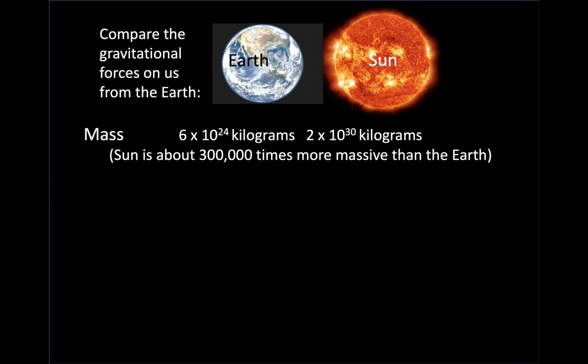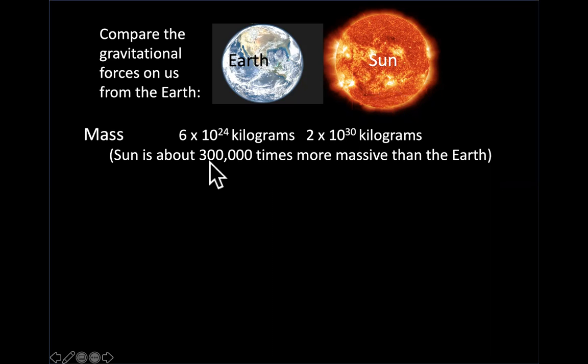We do know the mass of Earth and the mass of the sun. The mass of the Earth is big. It's 6 times 10 to the 24 kilograms, so 6 followed by 24 zeros. But the mass of the sun is much bigger. It's 2 times 10 to the 30 kilograms, so 2 followed by 30 zeros.